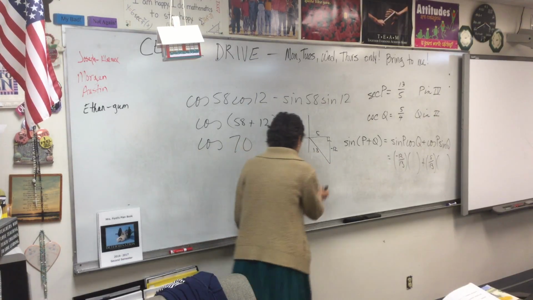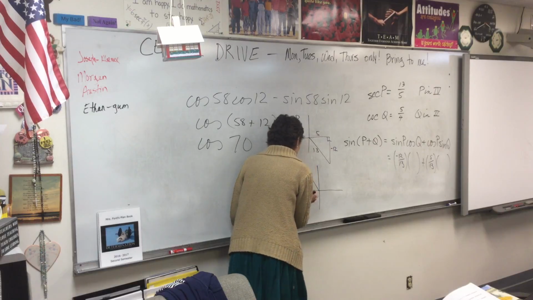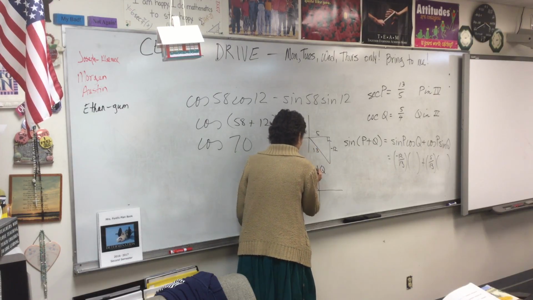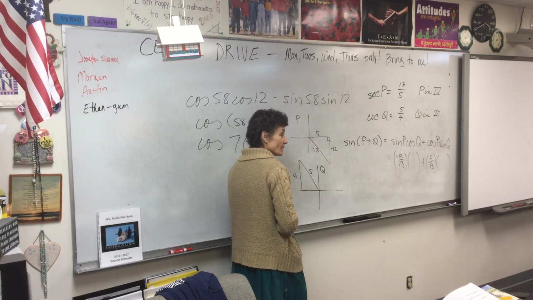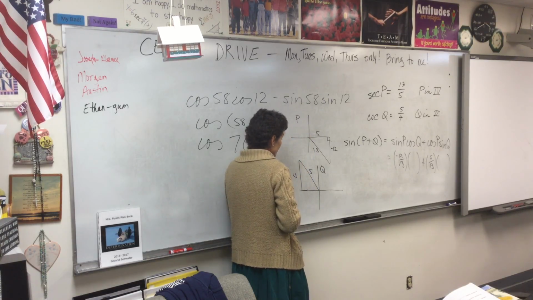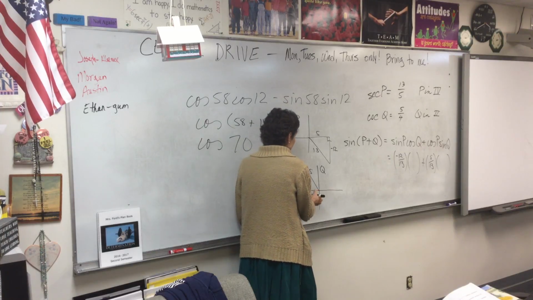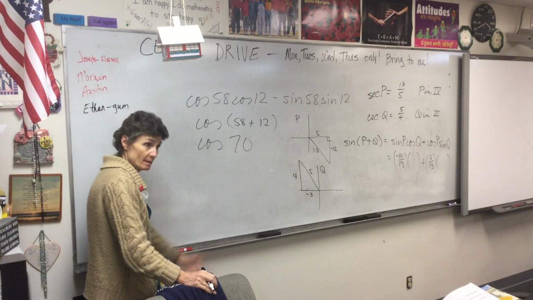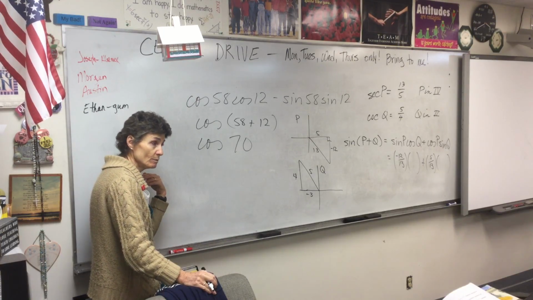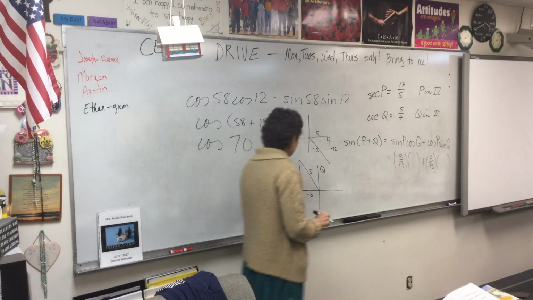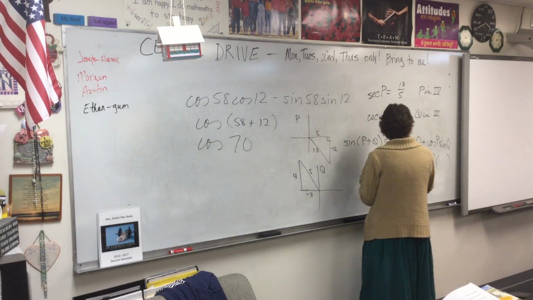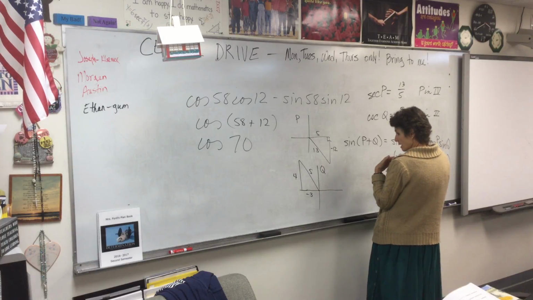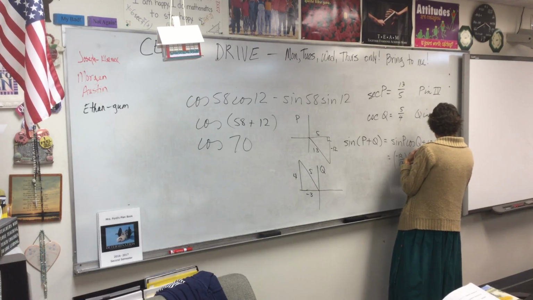Now let's do the same thing with Q. Q's in quadrant 2, and the sine would be 4/5, because the cosecant was 5/4, which means that this side, by the Pythagorean theorem, is 3 negative, because of quadrant 2. And now I can fill in the cosine of Q and the sine of Q.